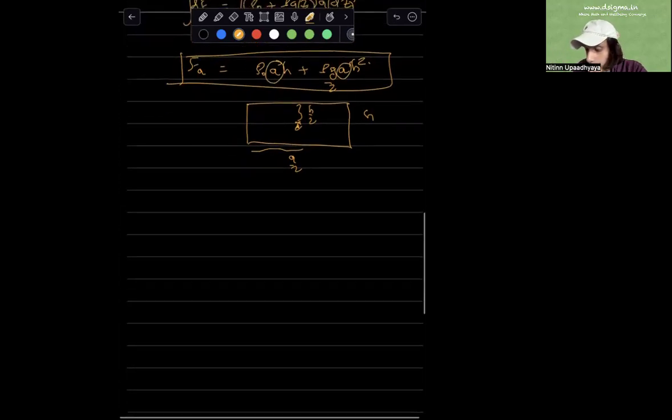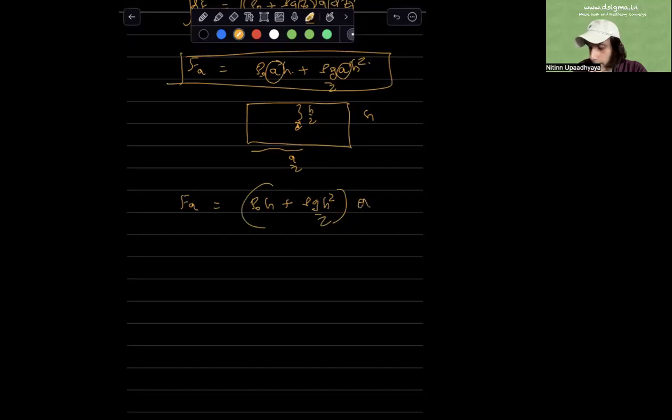So if I rewrite this expression in a different way, you'll notice that the force being exerted on face A is equal to (P naught H plus rho G H square by 2) multiplied by A, which is the dimension of the side of the triangle. Whereas this particular term in round brackets does not depend upon the side of the triangle. And so this expression will be the same for all the three faces of the triangle that we're considering.